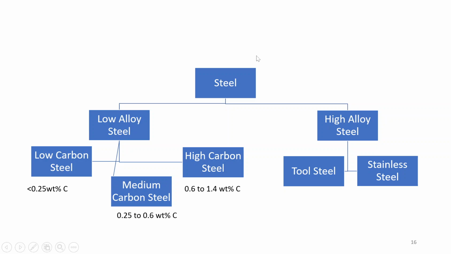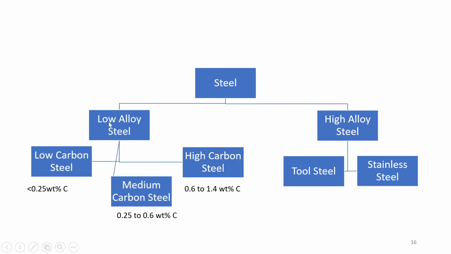Next is the classification of steel. Steel is firstly classified into two types: low alloy steel and high alloy steel. The alloying element will be lesser than say 10% in this case, and higher than that it will be high alloy steel.